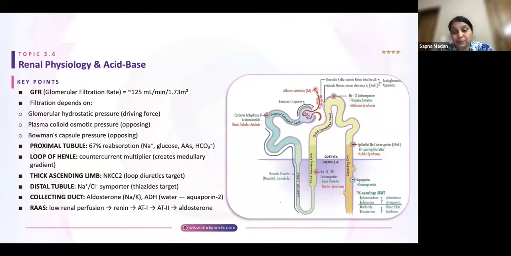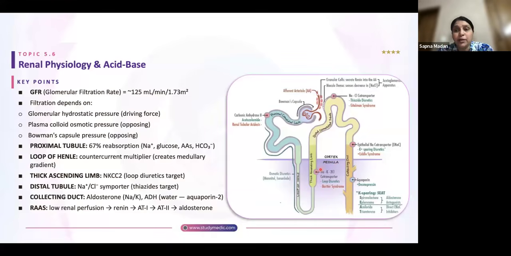But of course, if you know, then even better. Then in the loop of Henle, there is a countercurrent multiplier, which will create a medullary gradient. In the thick ascending loop, there is the NKCC2, or the sodium potassium 2 chloride co-transporter, and this is where loop diuretics are targeted.